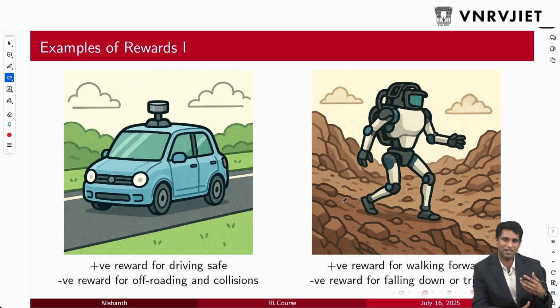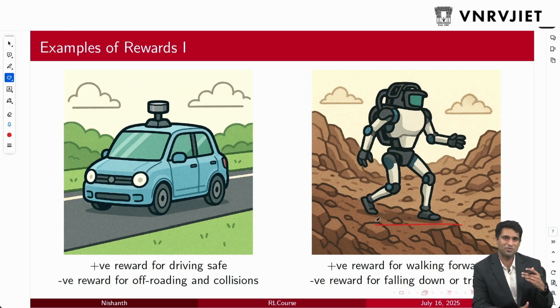Now, if we look at robot locomotion, the cartoon image that we see over here is the Atlas robot, which is designed by the Boston Dynamics company. You might have seen on YouTube where this robot is doing a lot of acrobatics and can run around in natural environments.